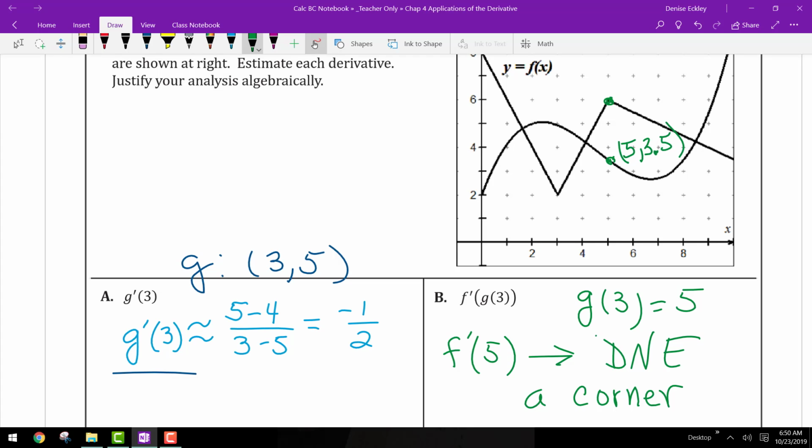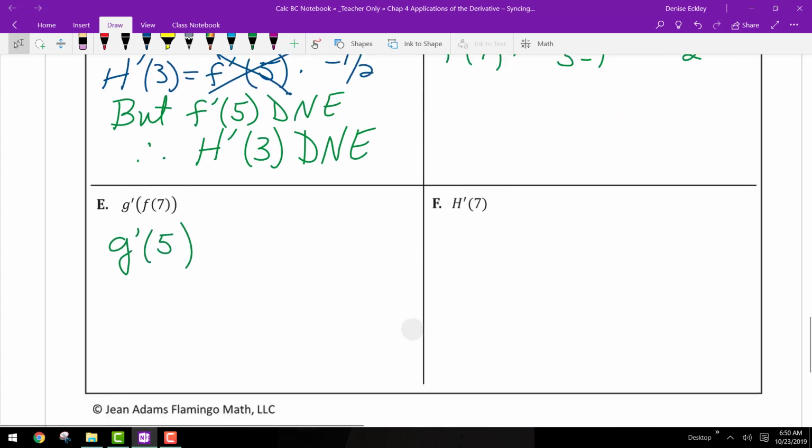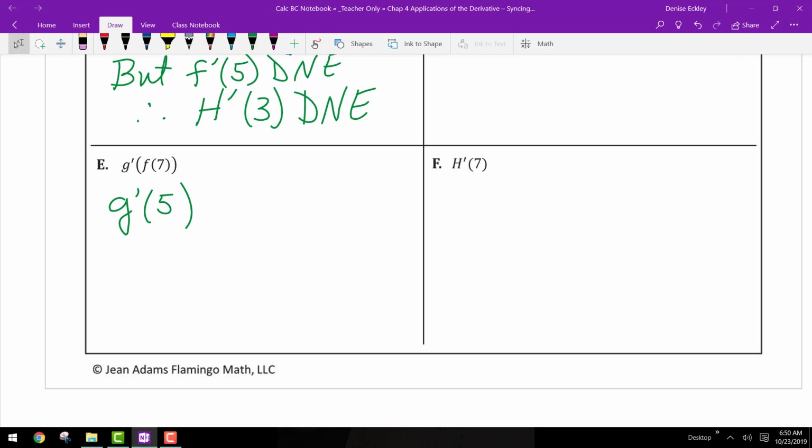Okay, so if we draw a tangent line along here, when I did this, I used this point right there, which is (7, 2) for my other point. So g prime of 5 is going to be approximately equal to 3.5 minus 2 over 5 minus 7.